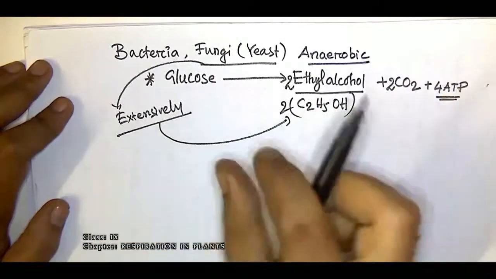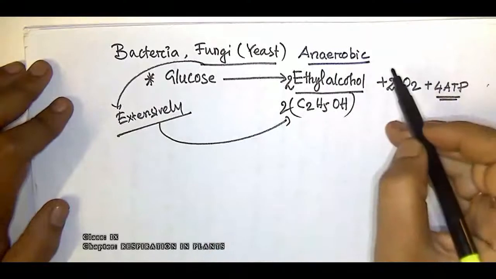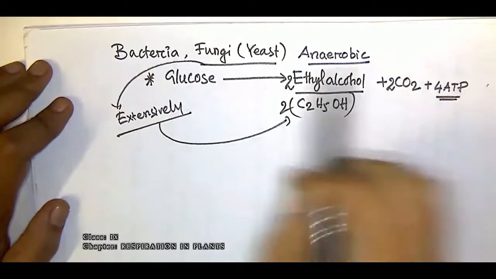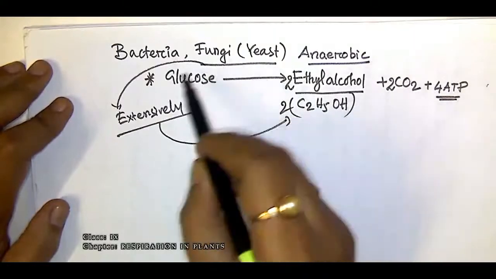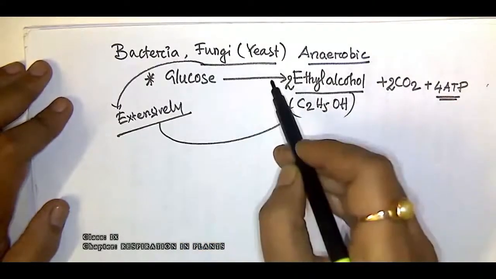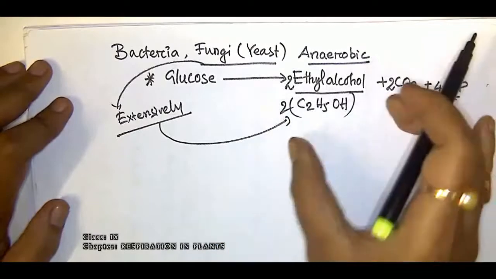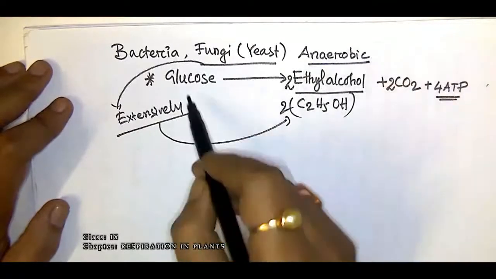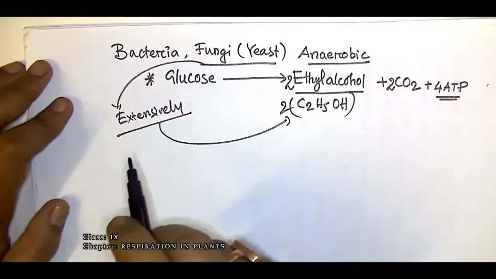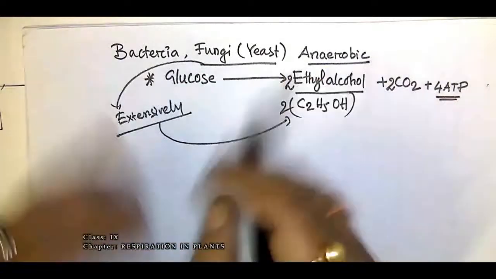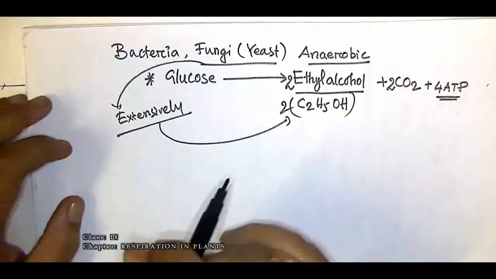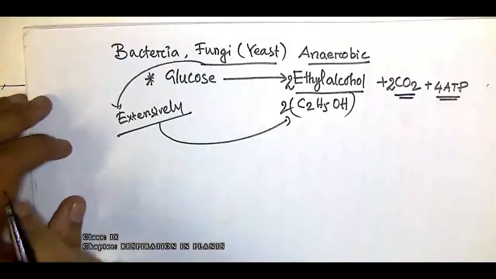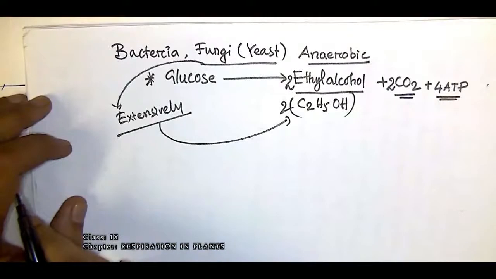So industrial production of alcohol depends mainly on this capability of yeast to convert glucose into ethyl alcohol. Depending on what you are fermenting, different types of alcoholic beverages can be formed. But don't forget, carbon dioxide is also produced simultaneously.